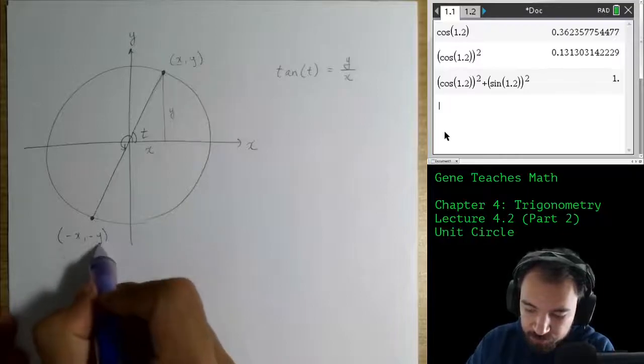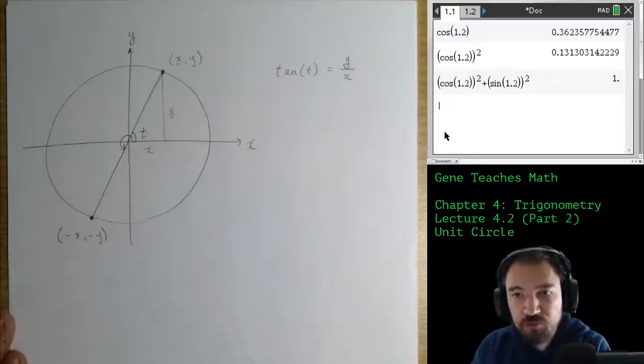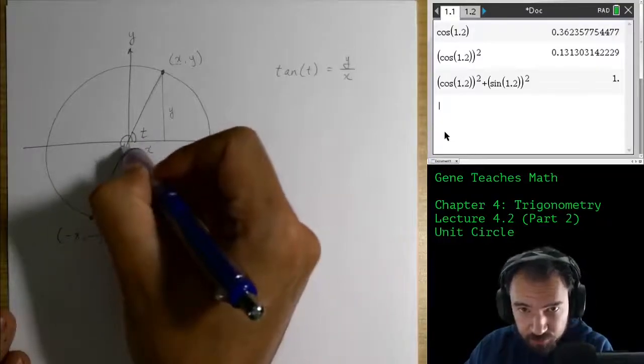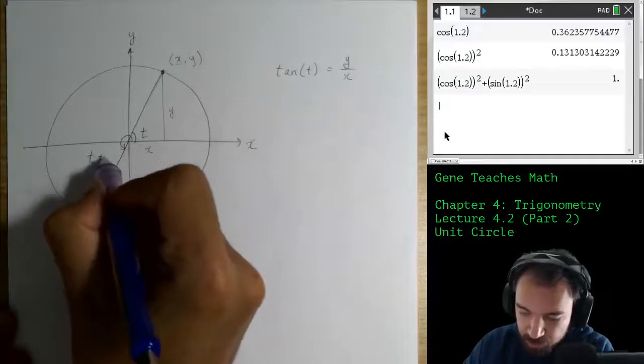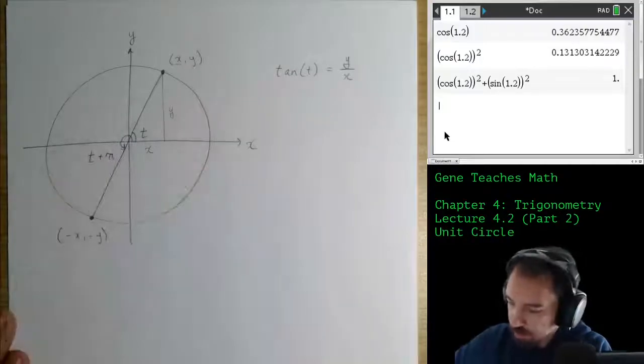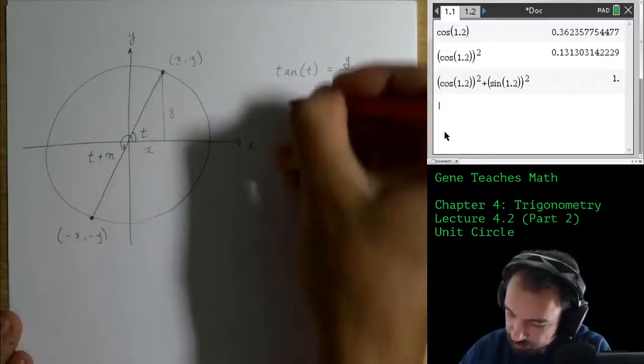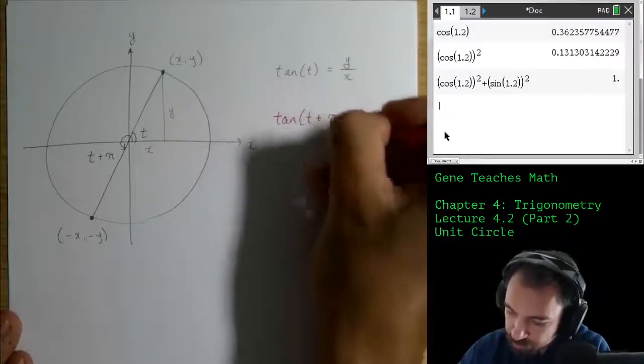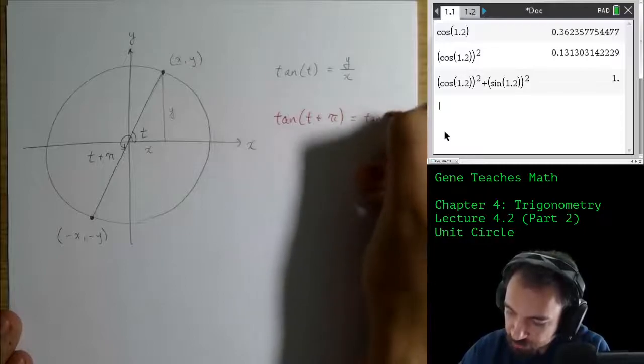When you take this value divided by that value, the negatives cancel and you get the same overall tangent. So it turns out that this difference is half a circle, so we would say this angle is t plus pi. And so tangent is special because tangent of t plus pi is the same thing as tangent of t.